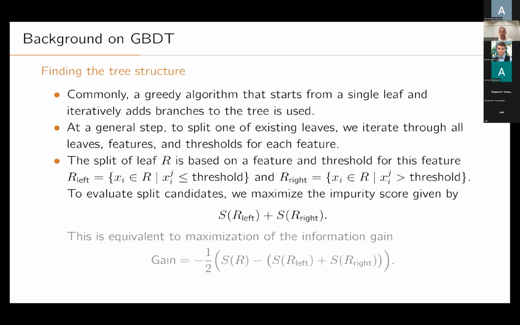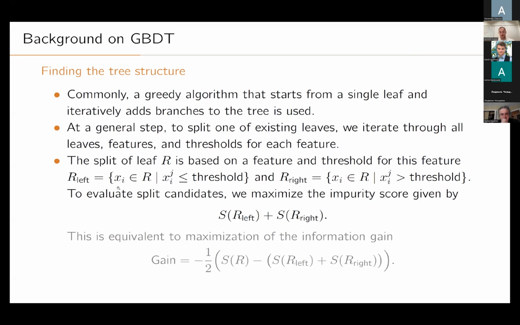To make a split, we need to iterate through all leaves we have in our tree, through all possible features of our data set, and through all possible thresholds for each feature. Then for all these possible splits, we need to compute the scoring functions for R left and R right.